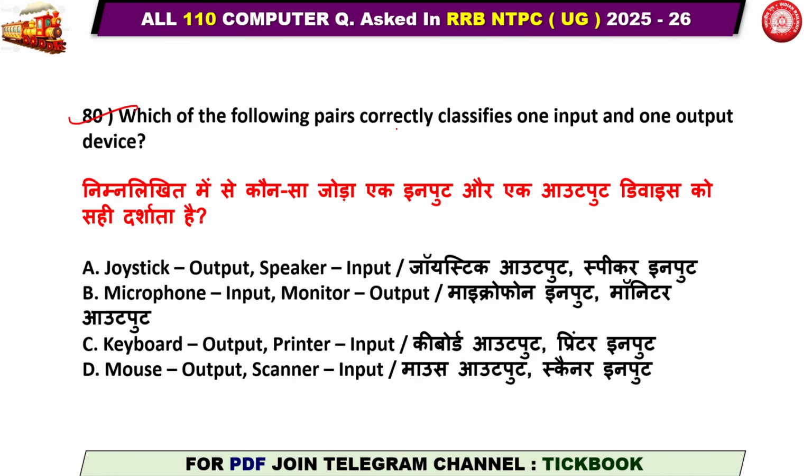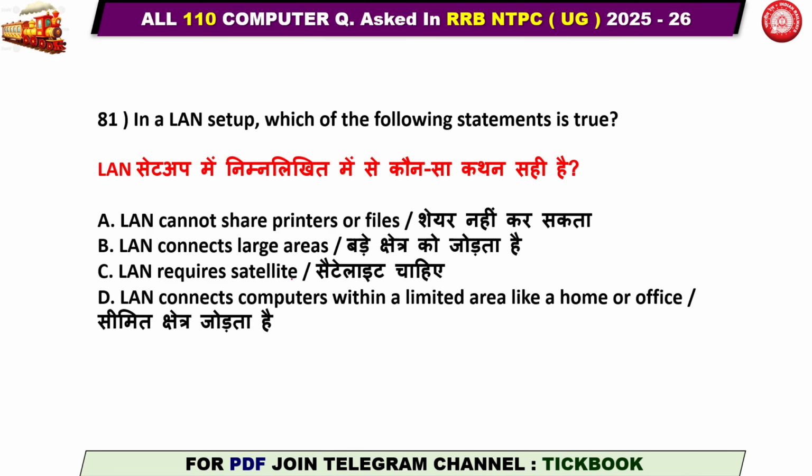80. Which of the following pairs correctly classifies one input and one output device? Option number B, microphone input, monitor output. 81. In a LAN setup, which of the following statements is true? The LAN cannot share printers or files.